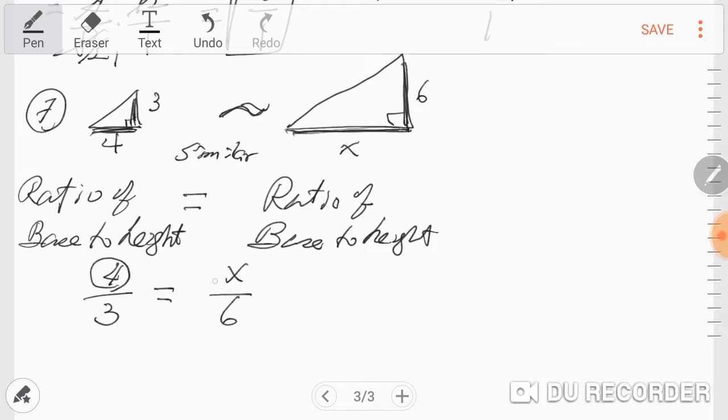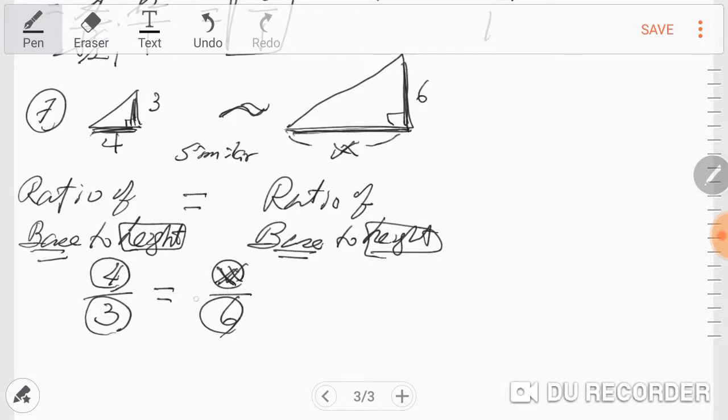The numerator is the base, and the second part is the height, the denominator. So we have an equation using the ratio of base to height of the smaller triangle equal to the ratio of base to height of the larger triangle. Then we want to find this x, the length of the base of the larger triangle.